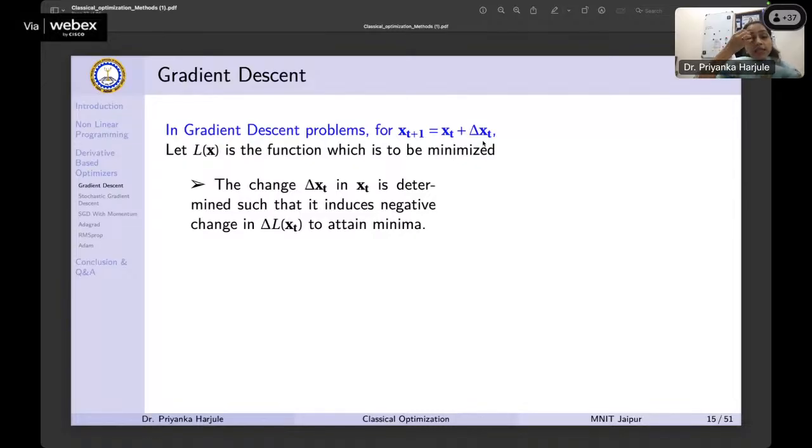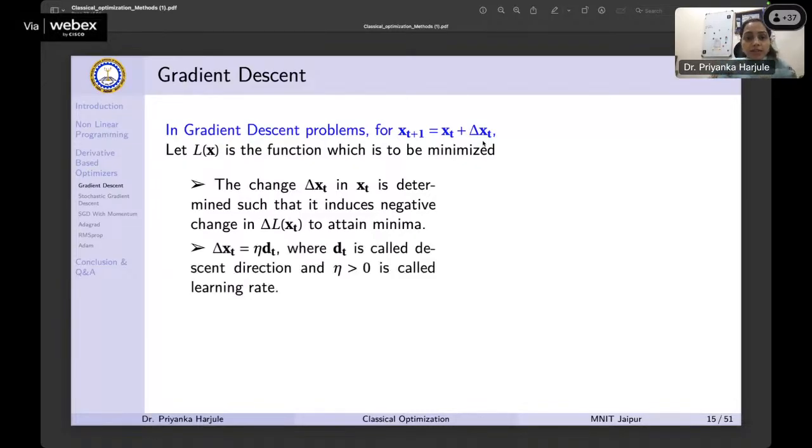Supposing L of x is the function we want to minimize, that is the loss function in the neural network, we want to iterate such that with every iteration the value decreases. So this change should be a negative quantity.